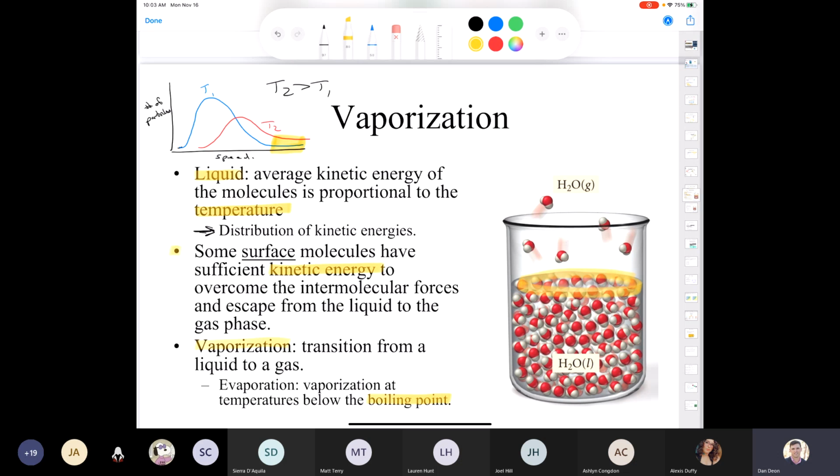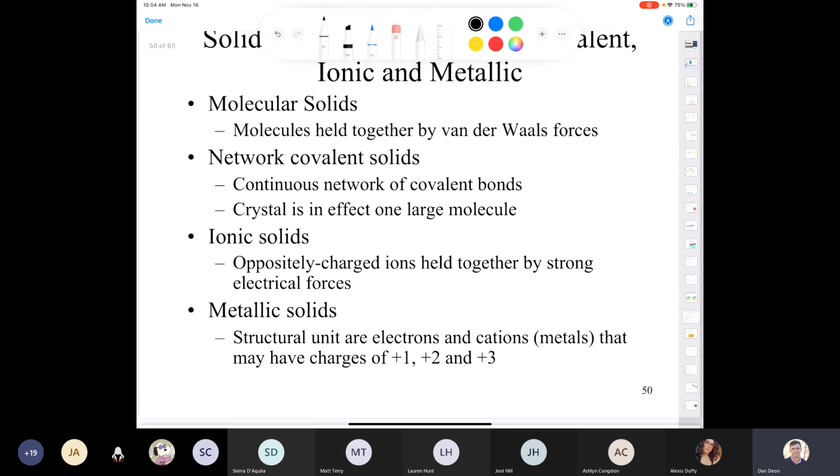If you put your face over top of a glass of water. Forgive me, how do you draw a person? I don't know, like this. Okay. Son of a gun.